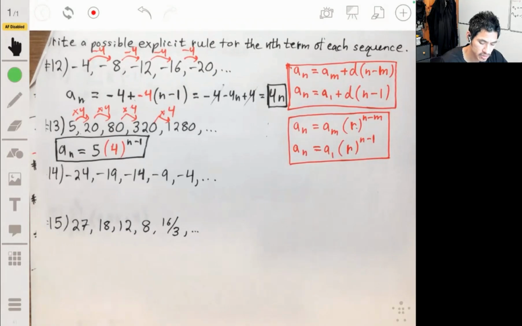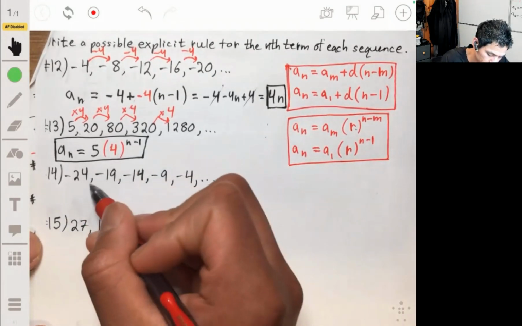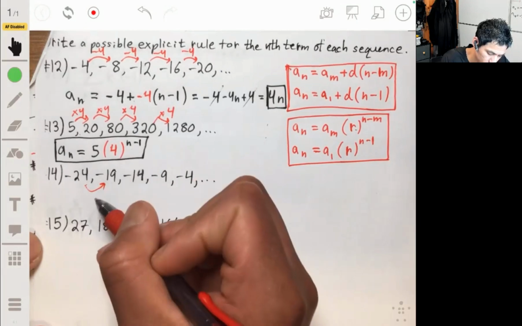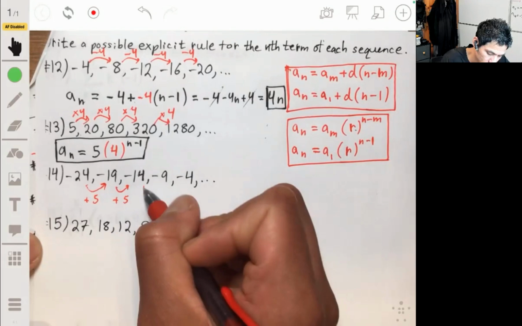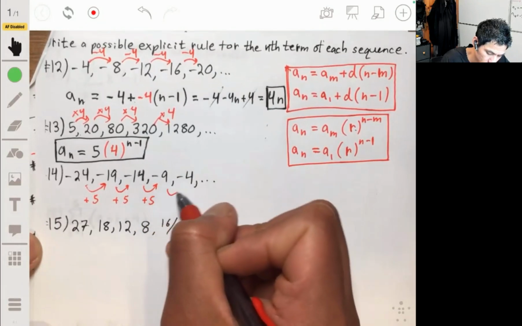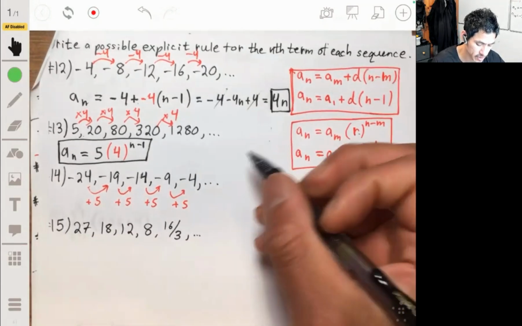For the next one, looks like we have an arithmetic sequence because we're adding 5 each time. So our common difference is 5.